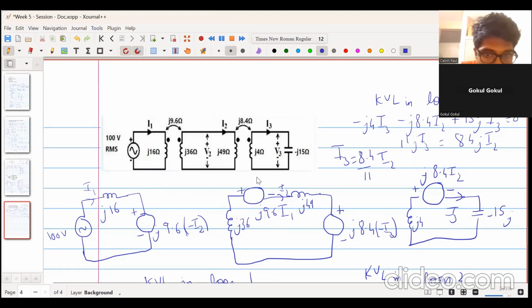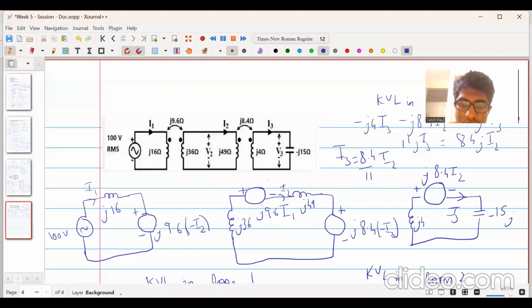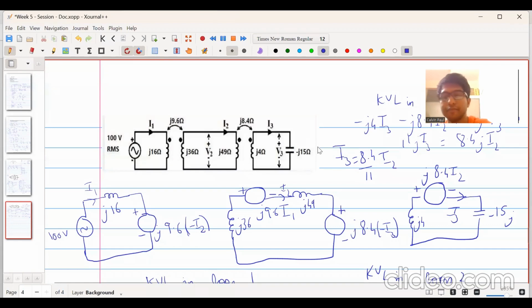So the dot is at this side, so this should be the positive thing. So actually there was a mistake in the polarities.